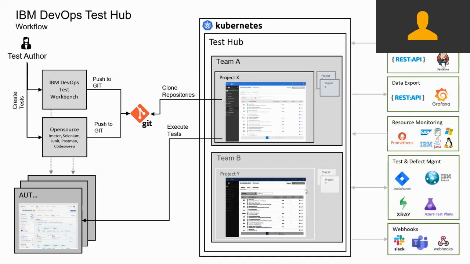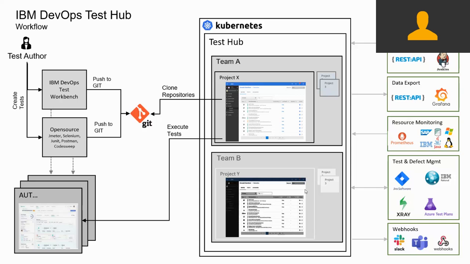So we can manage our tests from the CI/CD, DevOps deploy level, Azure, Jenkins. We can export the data to monitoring, to Grafana or outside data export. We can bring in resource monitors, and also we can integrate with test and defect management platforms like Jira or Xray.